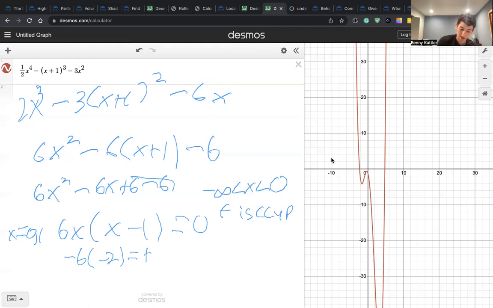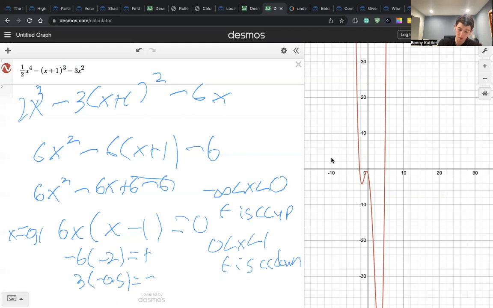Now if we plug in a number that's in between 0 and 1, let's say 0.5, then 3 times -0.5 equals a negative number. So we know that between 0 and 1, f is concave down because the second derivative is negative. It's kind of like what we did for speeding up and slowing down in unit 4.